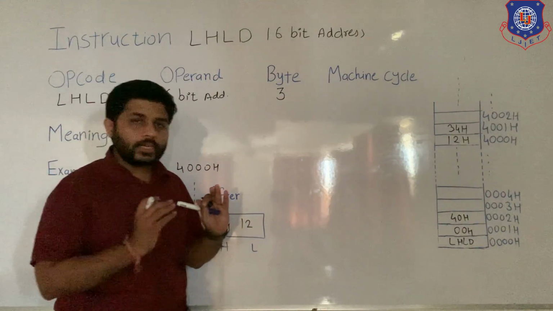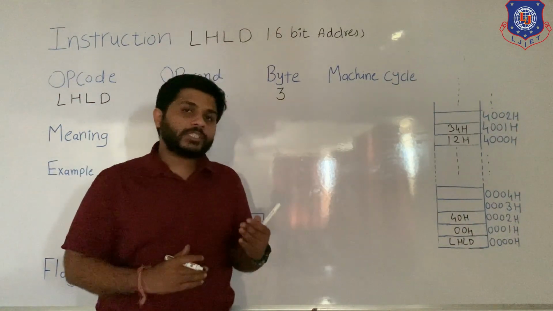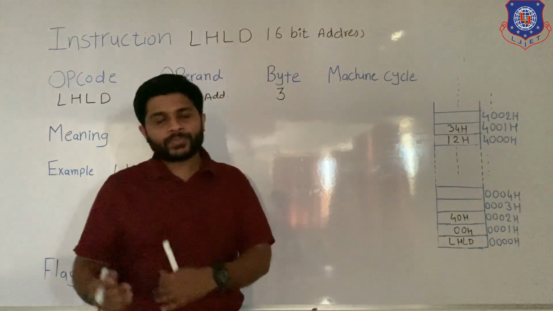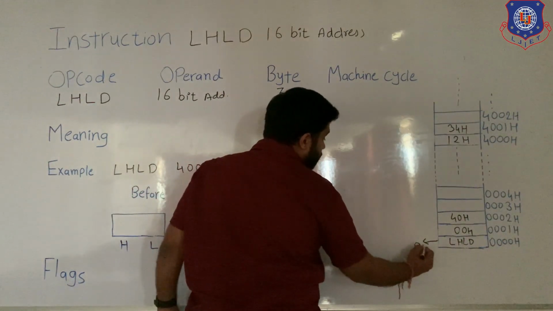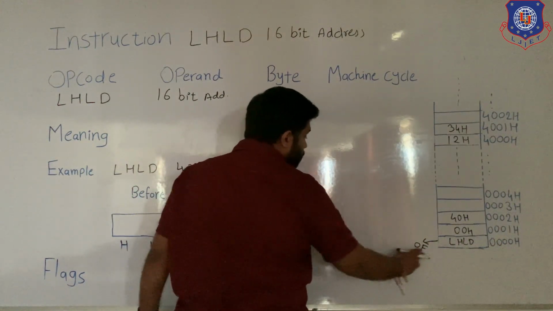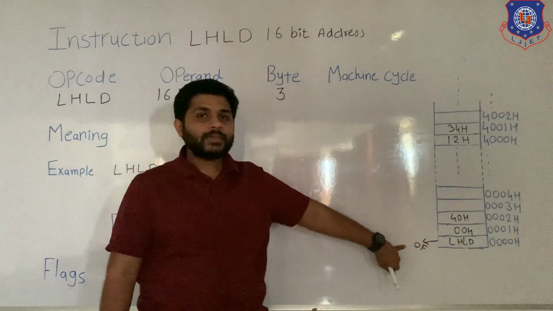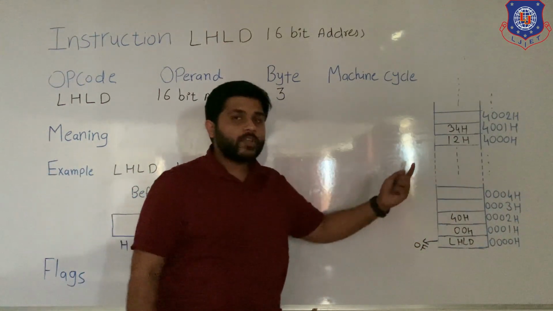After the instruction is stored in the memory, the processor will start performing its work, which is fetch, decode and execute. In the first step, the processor will fetch the opcode. When the processor performs the opcode fetch, this whole instruction will not be read, because only the opcode will be transferred.